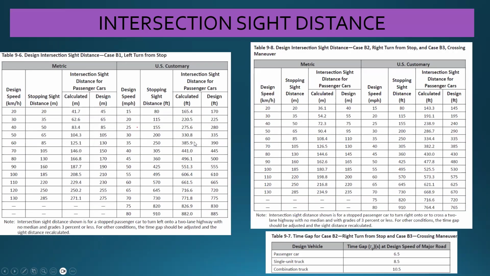It's also provided in the AASHTO, where they have tabulated the values of intersection sight distance corresponding to its design speed for case B sub 1. And we also have case B sub 2 and case B sub 3, but their time gap is different.